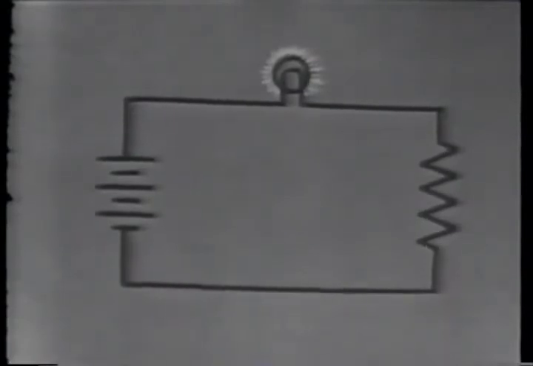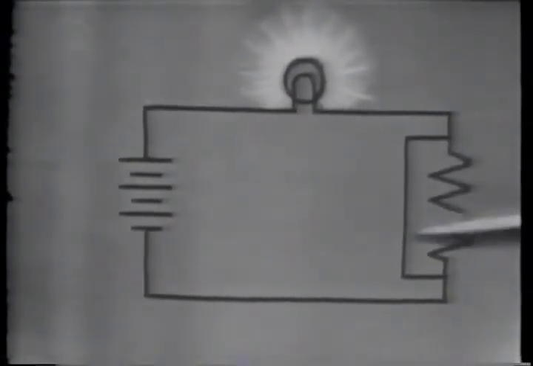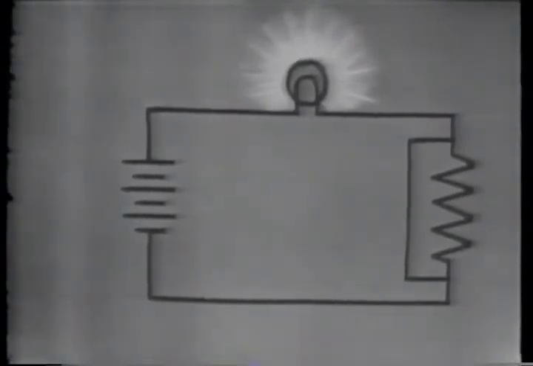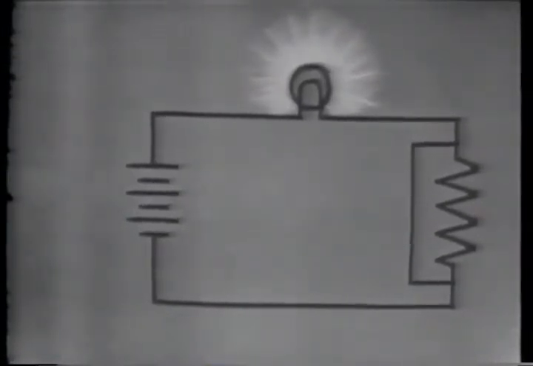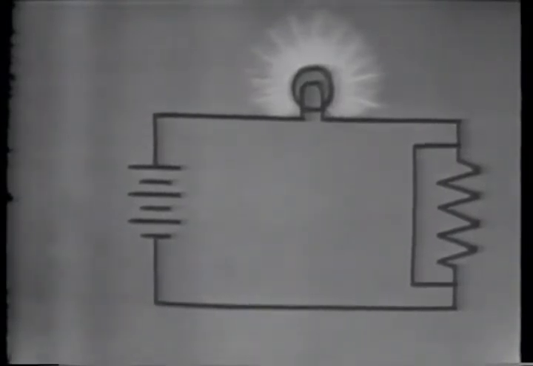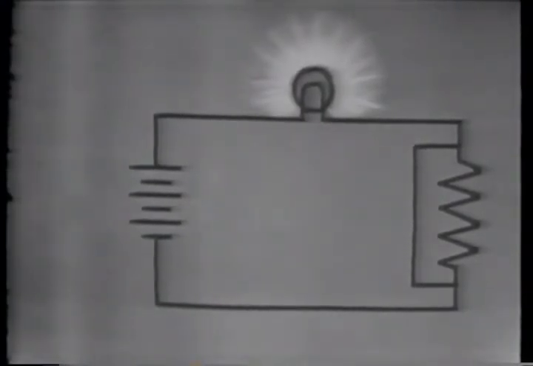Now, if the resistor you see was shorted out, the total circuit resistance would decrease and the current would increase. This increase in current would cause the lamp to become much brighter. If the battery voltage was high enough, the current could increase to a point where it could destroy the lamp unless the circuit is properly fused.